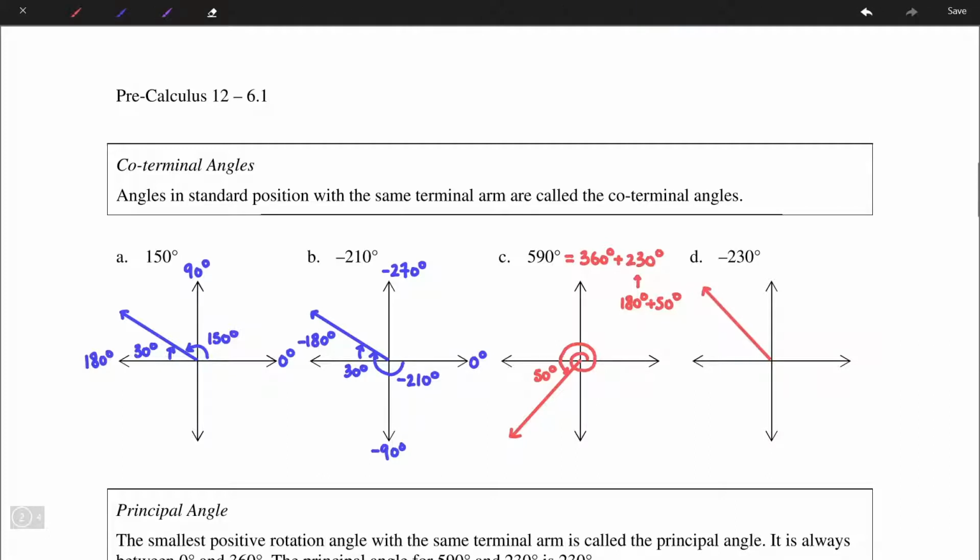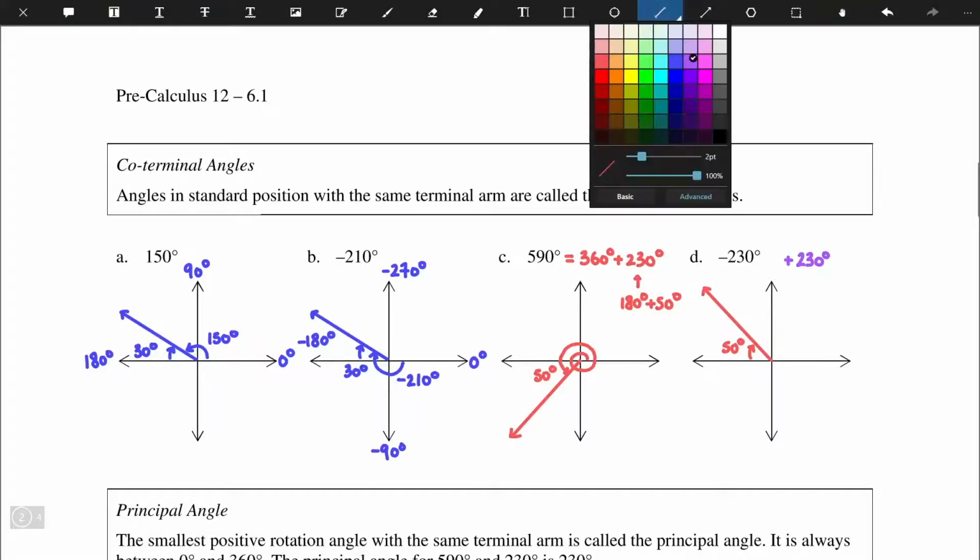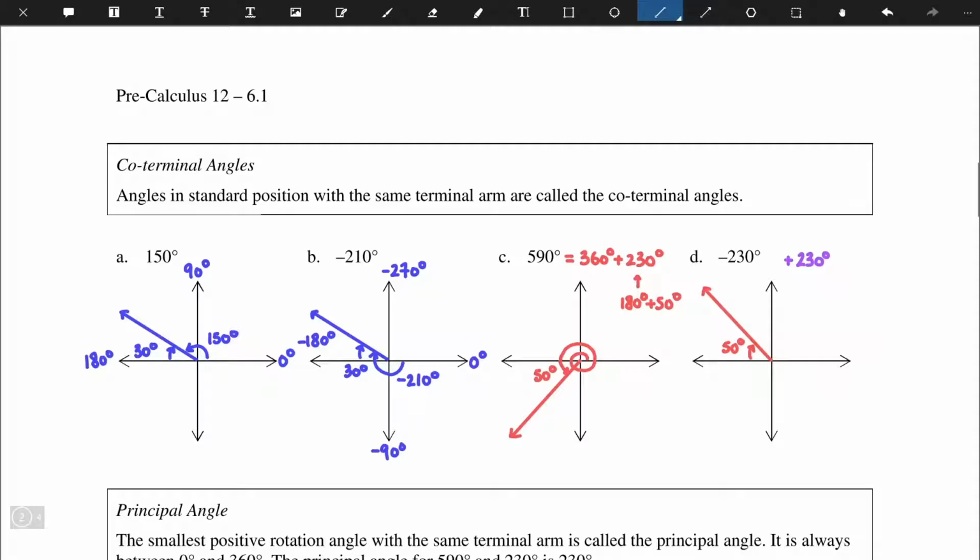So this would be 50 degrees. And so parts C and D are not coterminal angles. However, if we were to graph instead 230 degrees positive, then that would be coterminal with 590 degrees.